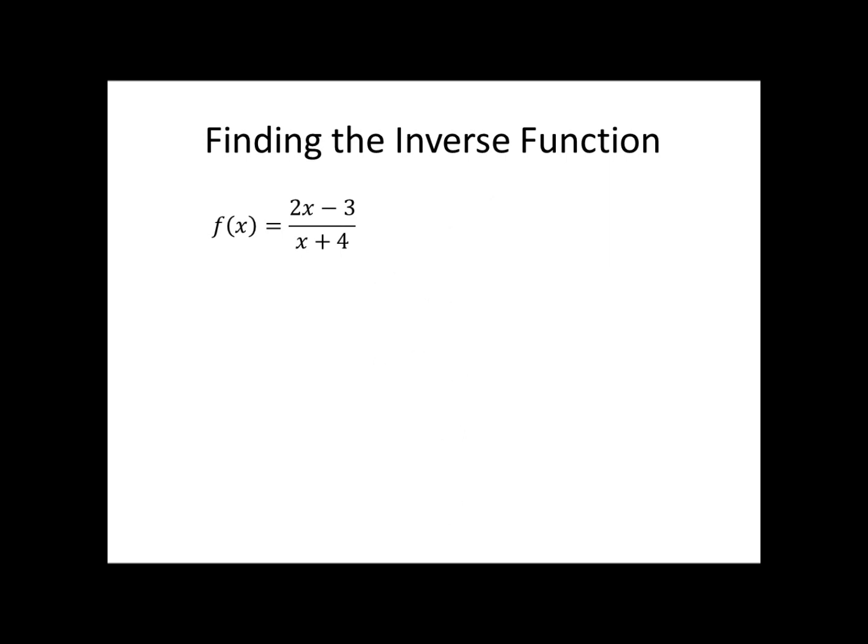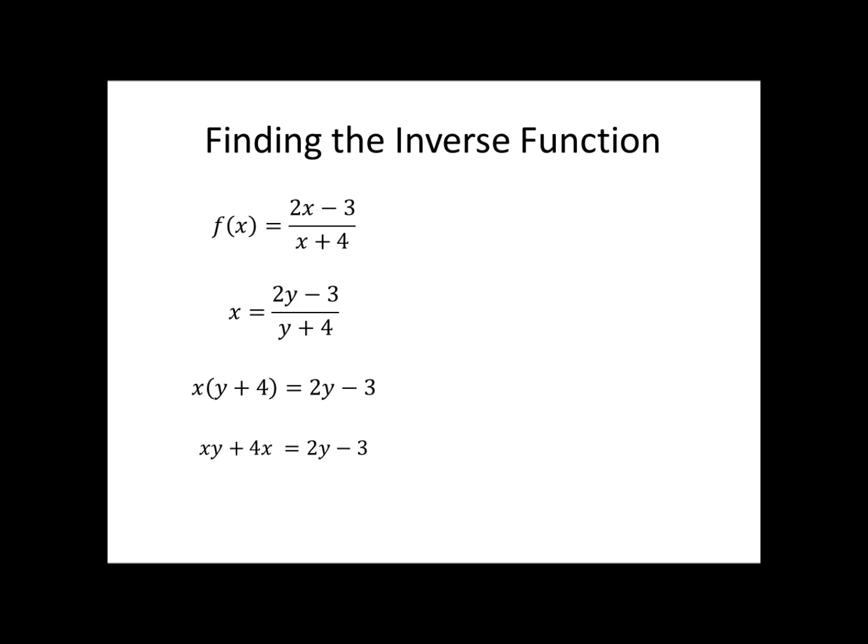So here's another one to try. No matter where the x's are, change them to y's and make it x equals 2y minus 3 over y plus 4. Now I'm going to multiply over the y plus 4 so that everything's on the main level of the function.